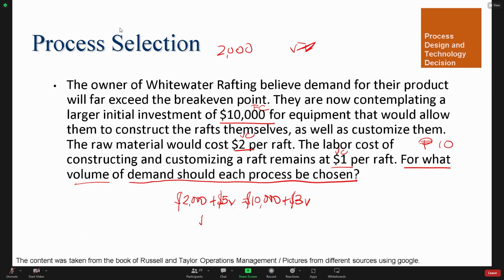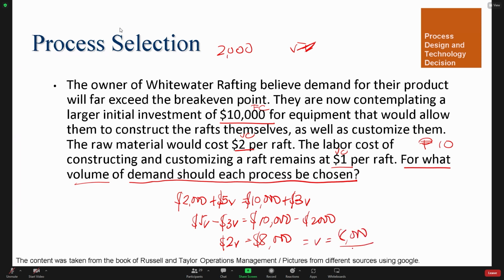Lipat natin. 5V dollar minus 3V dollar is equal to dollar 10,000 minus dollar 2,000. So, 2V is equal to 8,000. So, V is equal to 8,000 divided by 2.